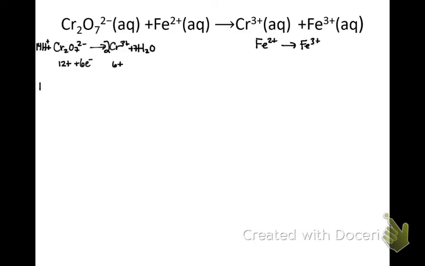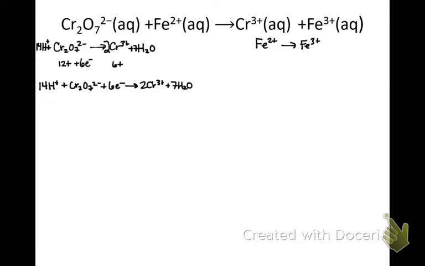Okay, so if we put all that together, and I'll rewrite a little bit so it's easier for us to see, we've got 14 H pluses plus dichromate plus 6 electrons goes to 2 chromium 3 plus 7 water.